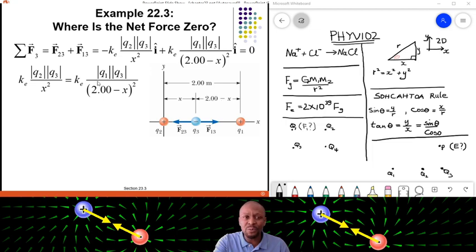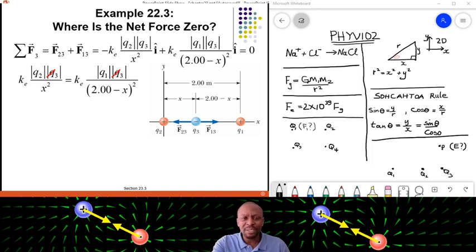Now, if you rearrange that equation, they are all in the x direction, because the force is a vector. If you rearrange that equation and solve for x, in fact, what I want you to see is that even if you were not given the value of Q3, you really don't need to know it, because Q3 will just cancel in this equation.